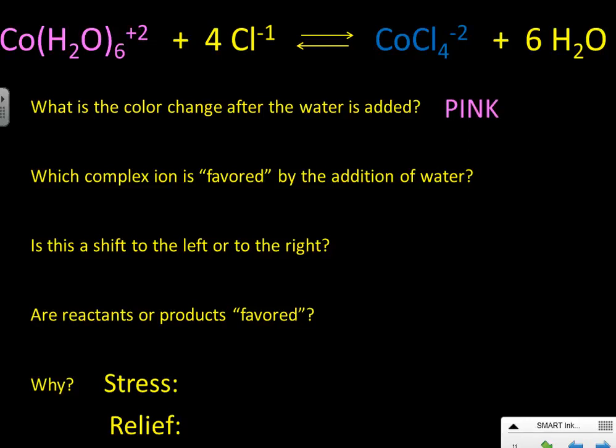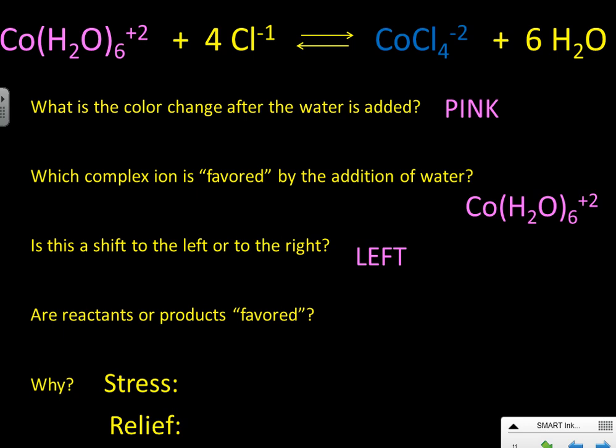Well, it turned pink from blue. Which complex ion is favored by the addition of water? Well, the pink ion is the one that is now favored because that was the one that was produced, so the Co(H2O)6 cation. And because more of this pink ion was produced, we say that it shifts to the left, because the stress caused the reaction to produce more reactants.